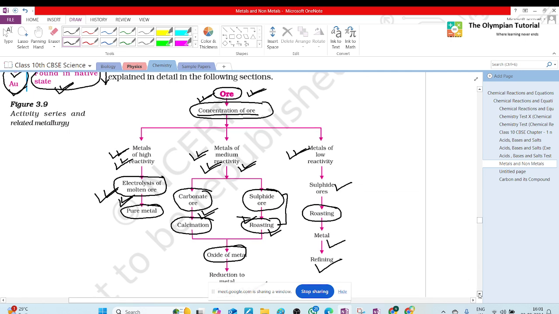So electrolysis always involves a decomposition reaction, but it is used for different purposes. Here in electrolysis we are getting pure metal. The purpose is different but it is always decomposition, breaking down, because towards the cathode cations will go and towards the anode anions will go.